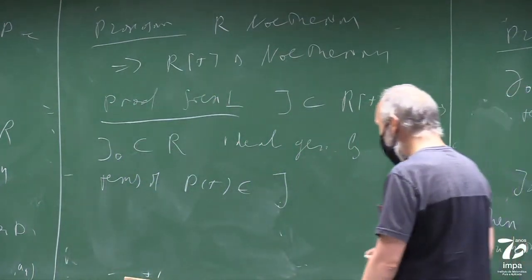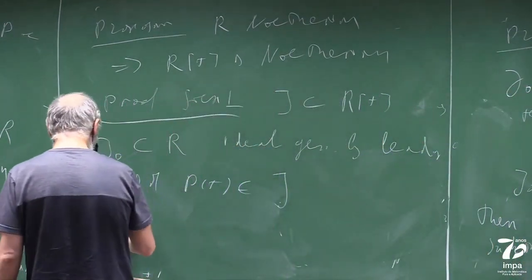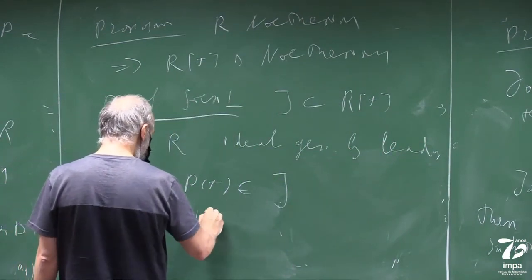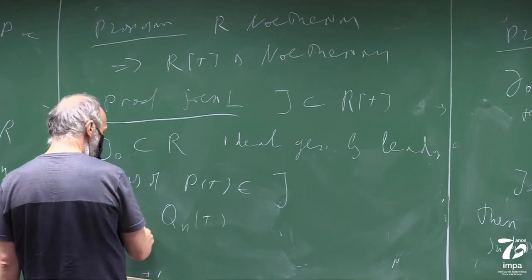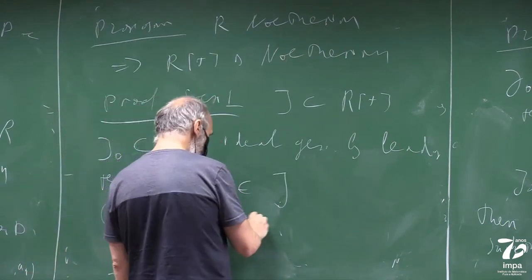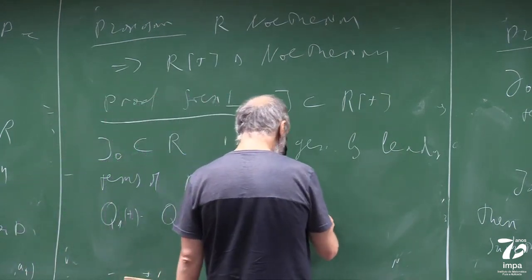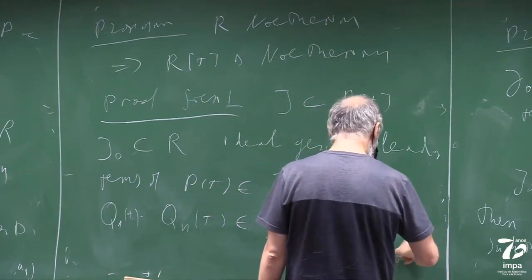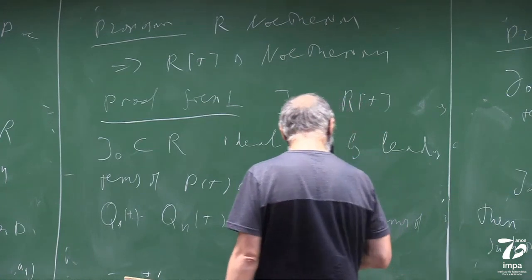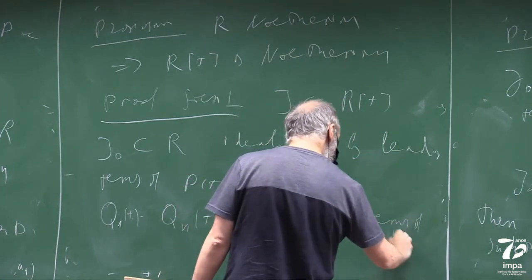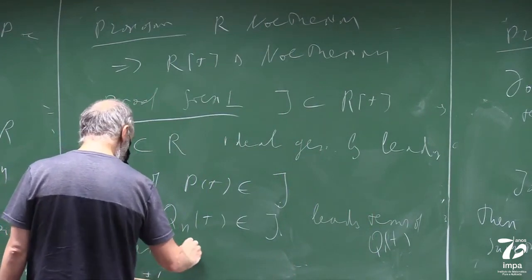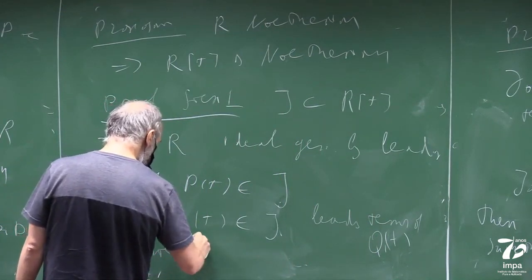And we can find Q_1, ..., Q_n polynomials inside I, such that the leading terms of Q_i(t) generate I_0.